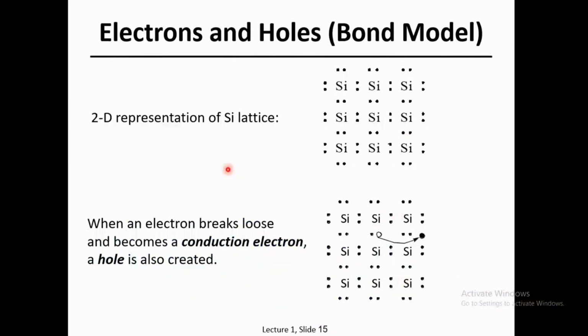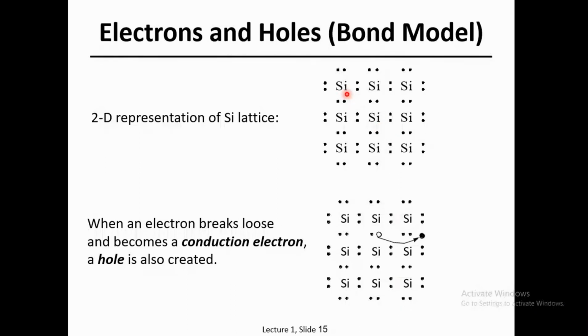So let's look at the bond model of the electrons and holes. Here, as you see, this is a presentation of the crystalline structure of a semiconductor made of silicon.